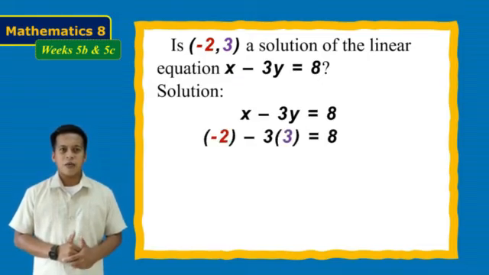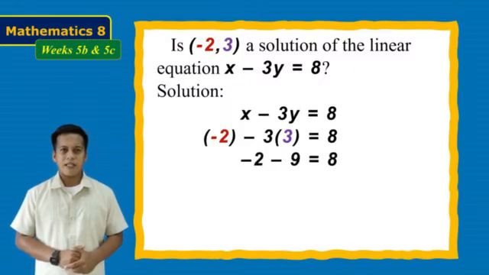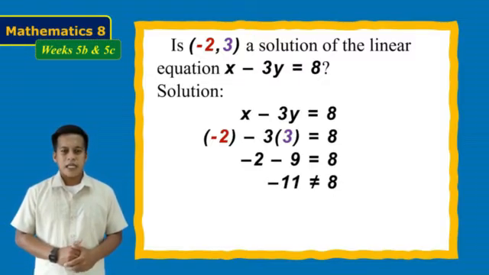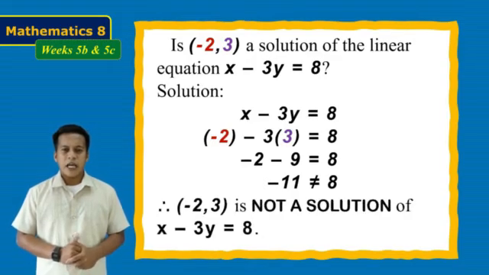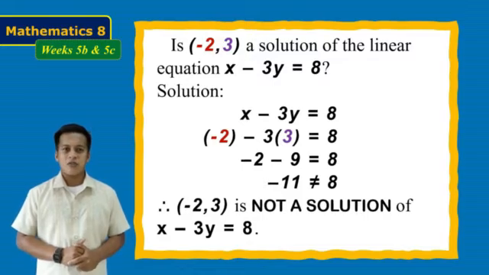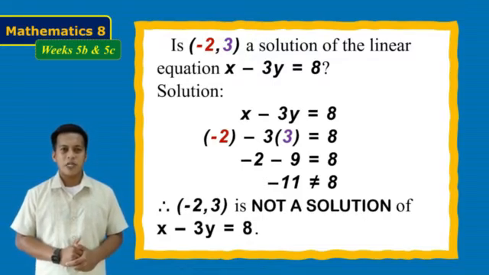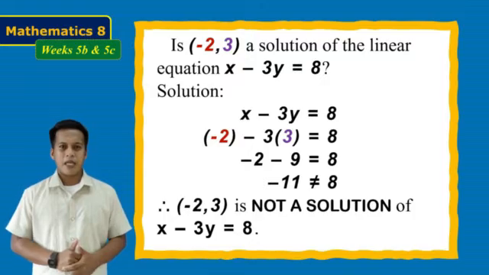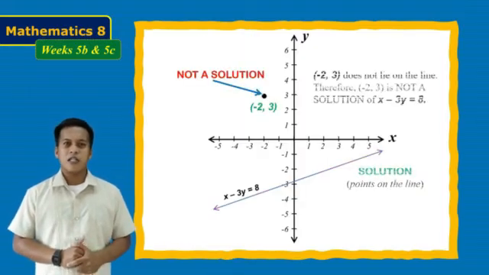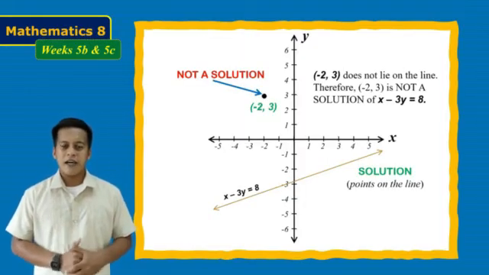We have negative 2 minus 3 times 3 equals 8. Simplifying, negative 2 minus 9 equals 8. Thus, negative 11 is not equal to 8. It doesn't satisfy the linear equation. Therefore, (negative 2, 3) is not a solution of x minus 3y equals 8. If the point is plotted on the Cartesian plane, it does not lie on the line.